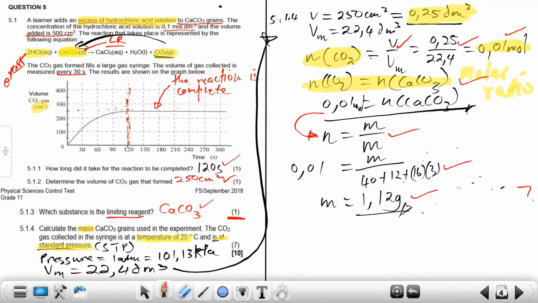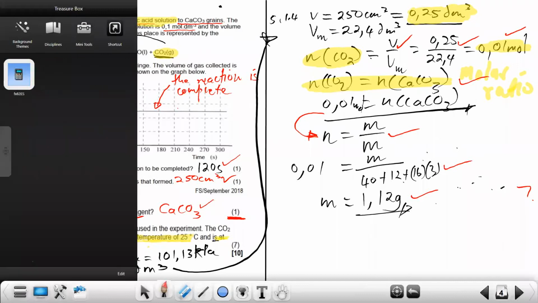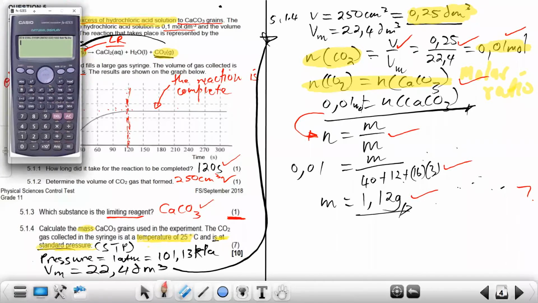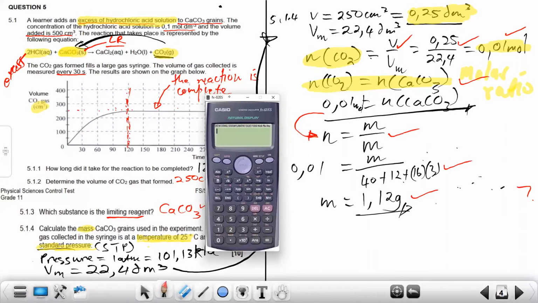So for instance, let me take my calculator quickly. I think you can see my calculator as well. 0.25 divided by 22.4, and then that's the answer.